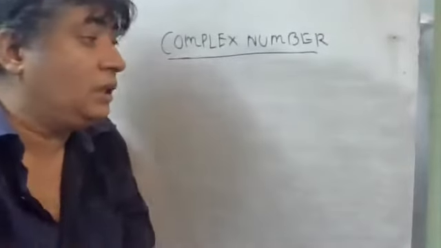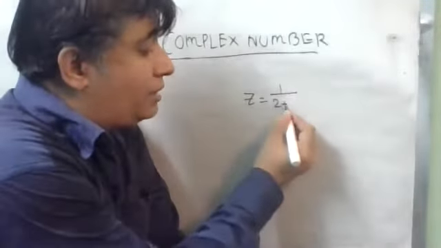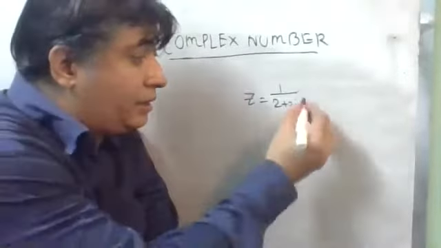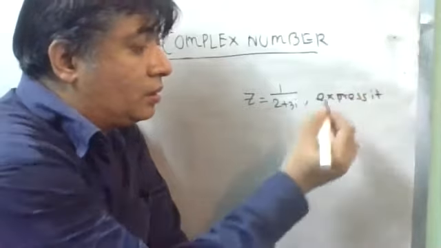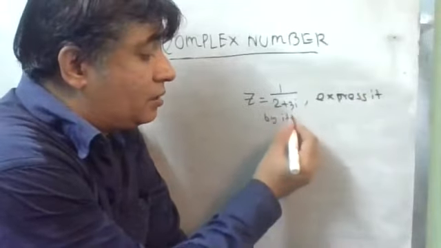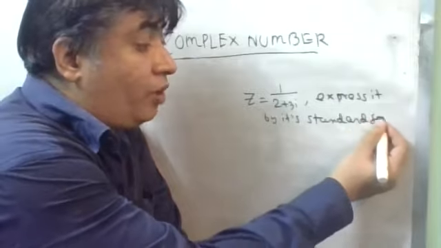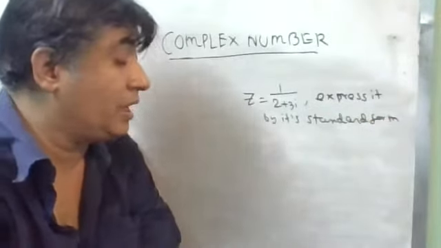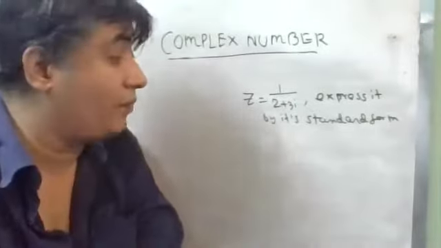See, suppose you have got 1 by 2 plus 3i, and you are told to express it in its standard form. What is the standard form? Standard form is a plus ib or x plus iy form.